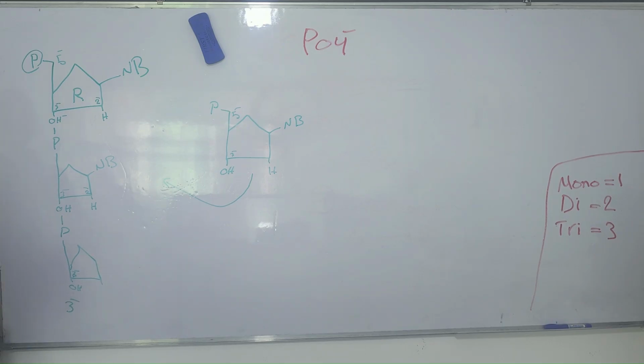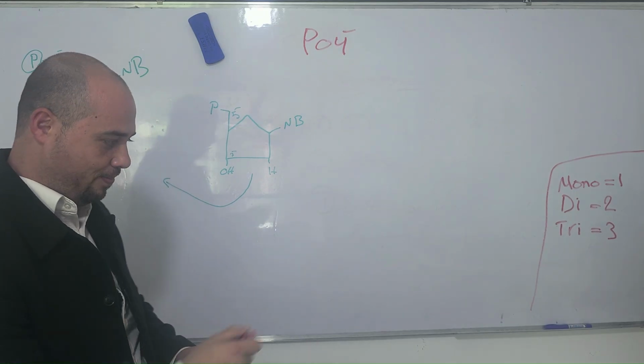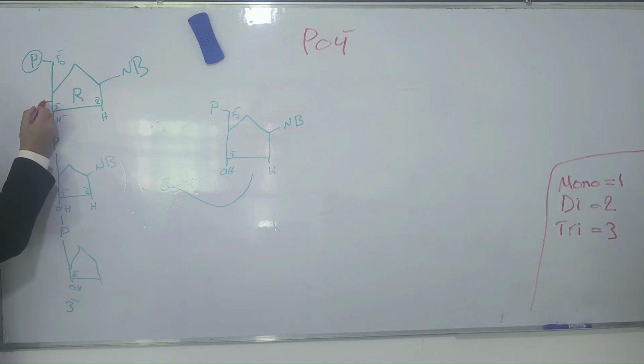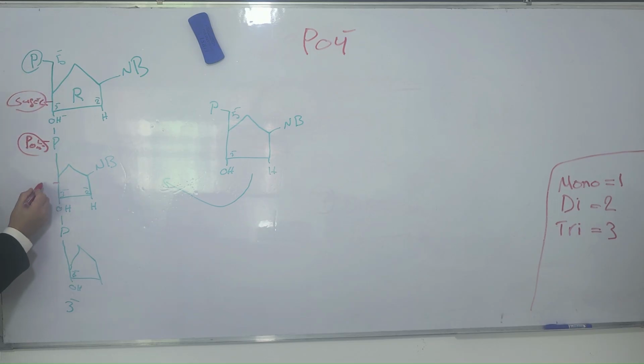Now, what do we mean when we say the sugar phosphate backbone? Look, what do we have here? It's part of the sugar, right? So the ribose sugar. So here's the sugar. What's this? This is the phosphate, right? Here's a sugar, here's a phosphate, here's a phosphate, here's a sugar.